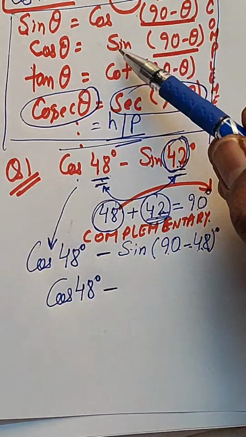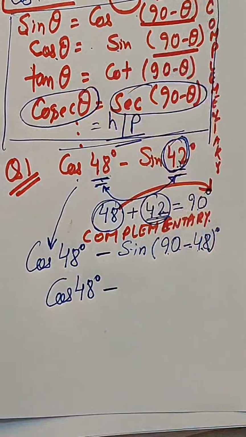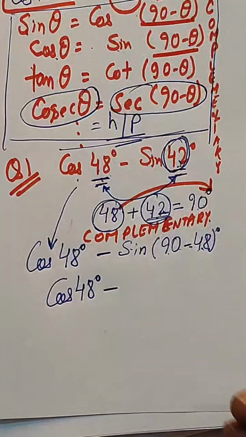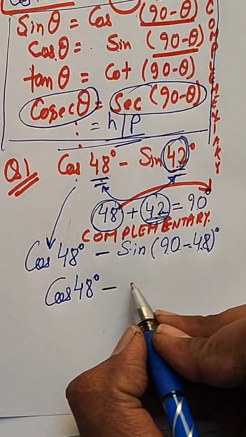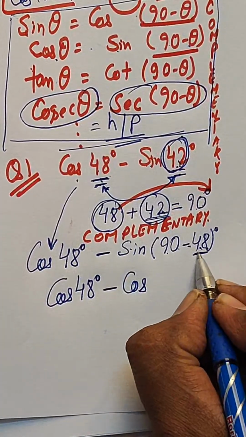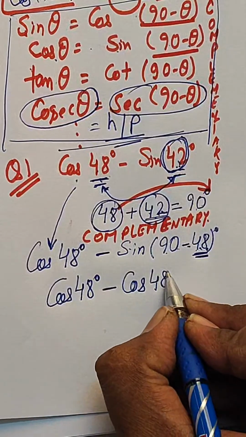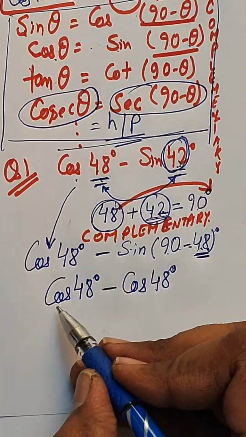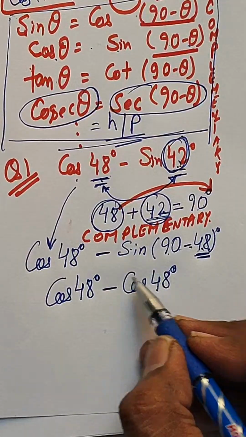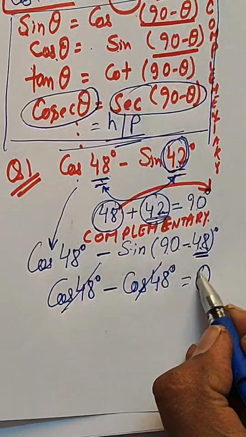Just see this, sine of 90 minus theta is cos theta. We have already seen the proof of that. So cos theta will be the value of this. Theta over here is 48, so it will become cos 48. And you can see cos 48 minus cos 48. Definitely both of these will be cancelled and our result is equal to nothing but 0.